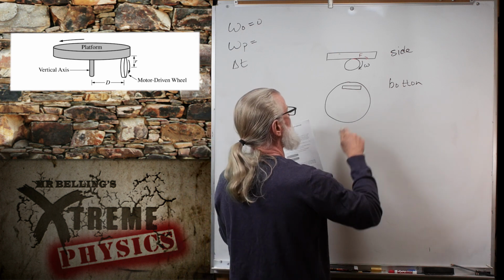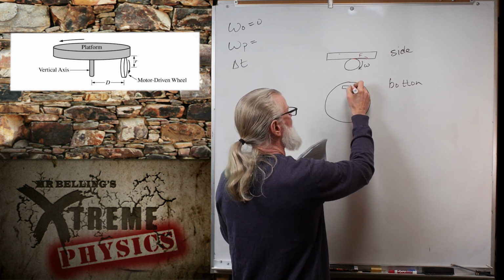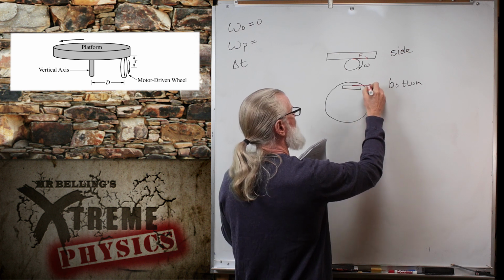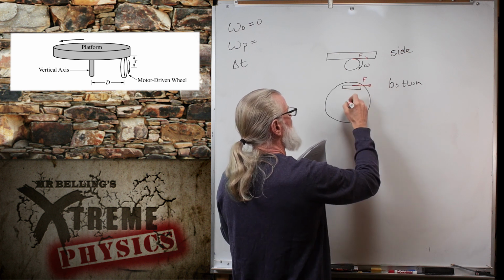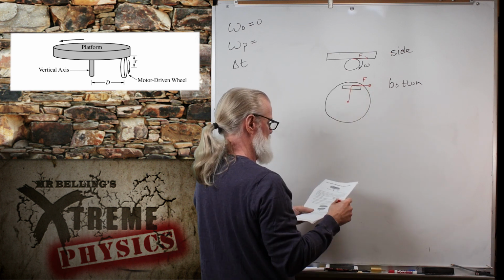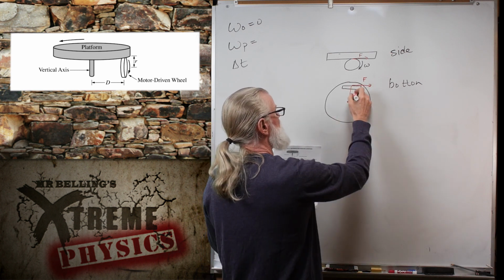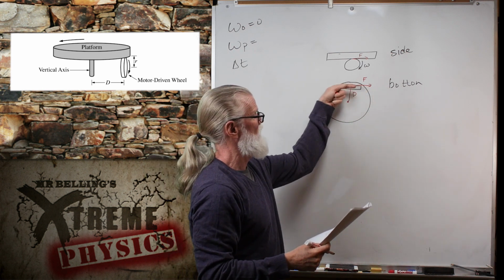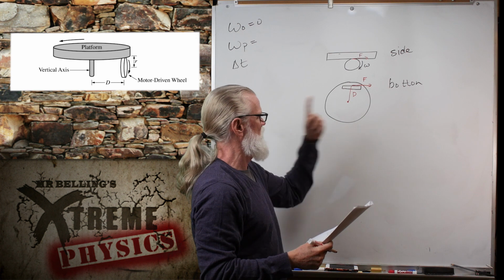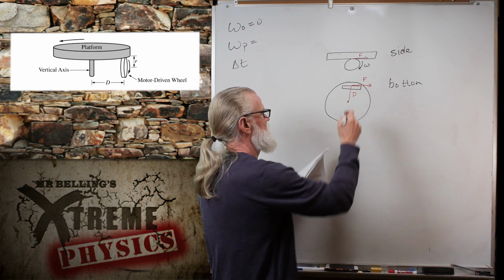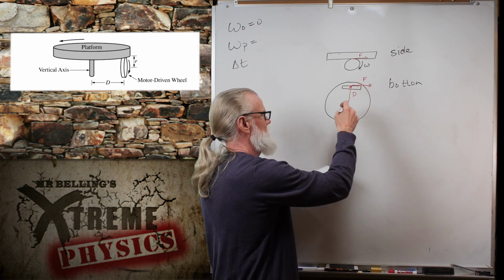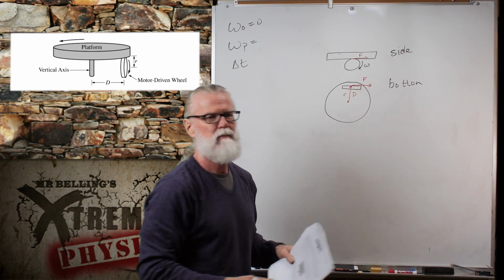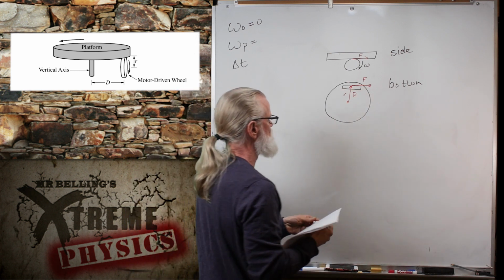There's that force F, right? That's applying a force F. And relative to the center, this is D. So this is applying a torque, R cross F, right? This D is actually our R vector right there, our position vector.